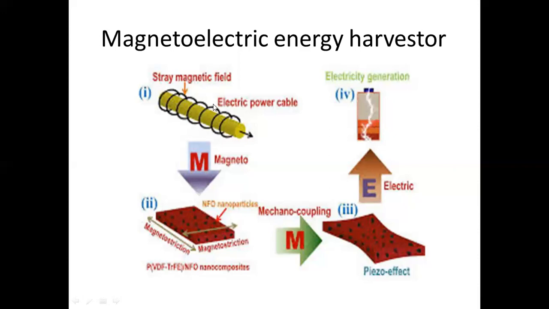This small magnetic field created around this power cable is utilized to start the working of this magnetoelectric composite material. As soon as current starts flowing through this cable, the magnetic field created by the cable will enter this ME composite material. Once it enters, the piezoelectric effect starts taking place, and because of that an electric voltage is developed across this material.